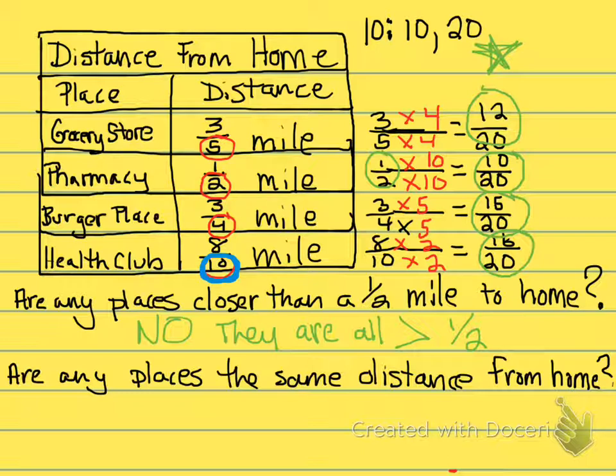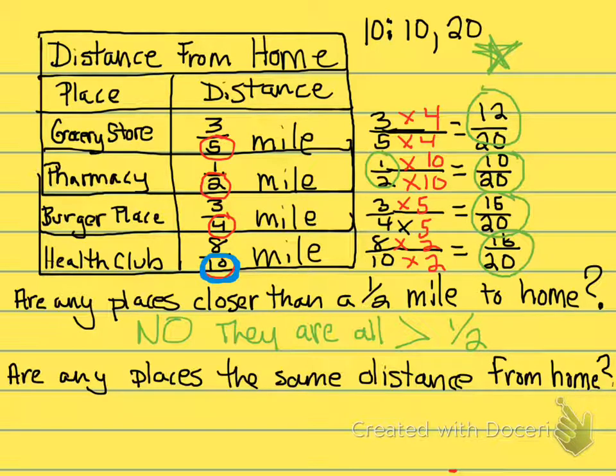Now today you had a similar problem in your chapter review, and I had a few people making these equivalent fractions over to the right, and you were comparing them to their original values. They're the same, so you don't compare the equivalent fraction to each other because that's the same. So the best way you can answer this now would be to see if any of these 20ths are the same. 12 20ths, 10 20ths, 15 20ths, and 16 20ths.